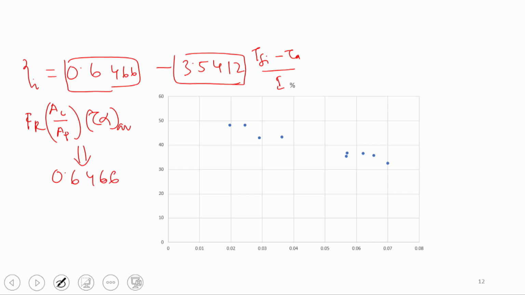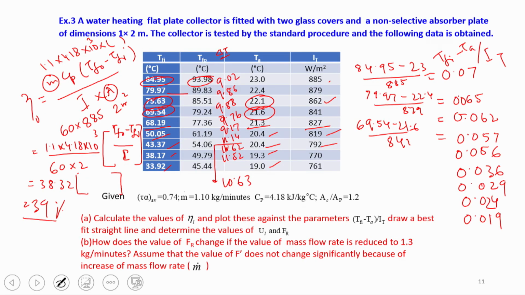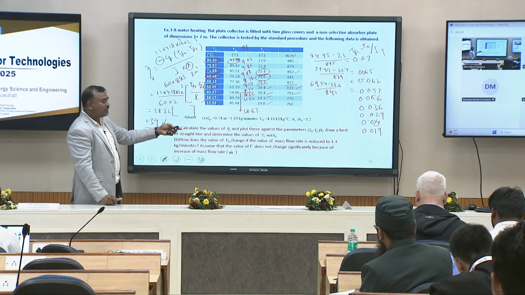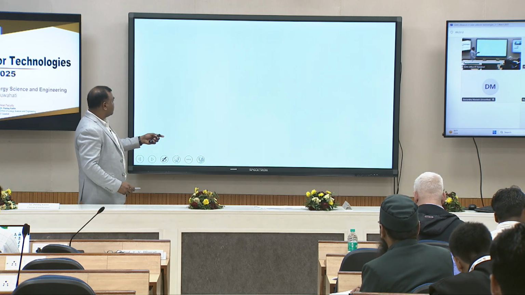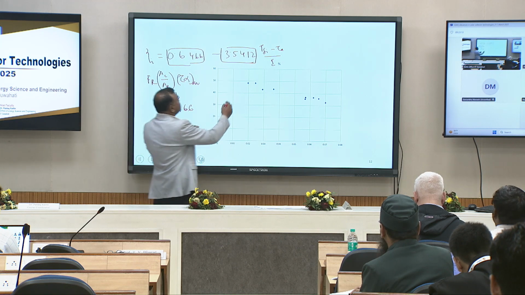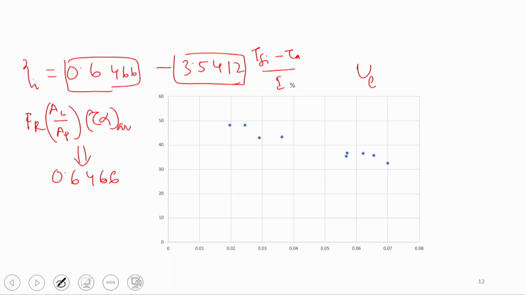And then what are the other values? So tau alpha is known, and this is U_L. This is U_L A_C by A_P, which is 3.5.